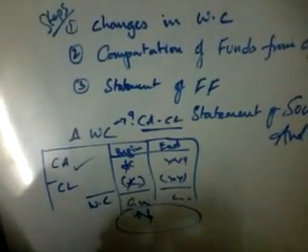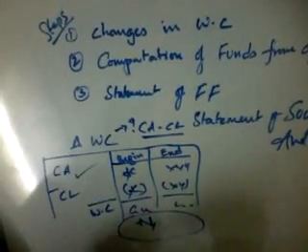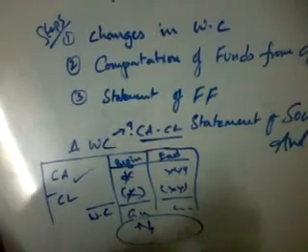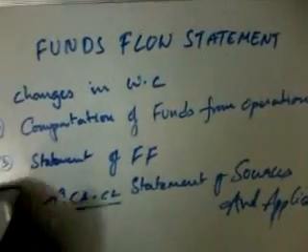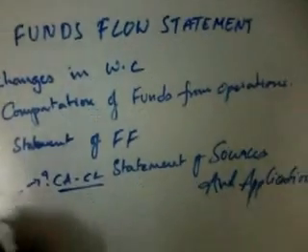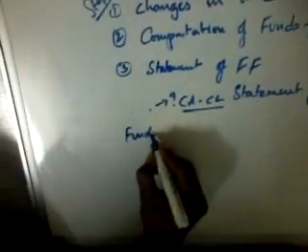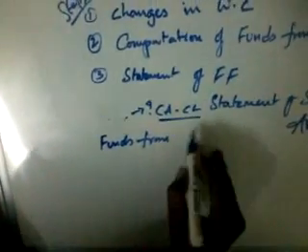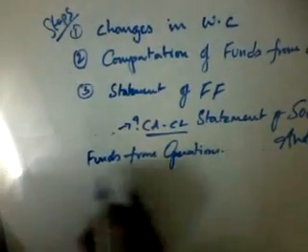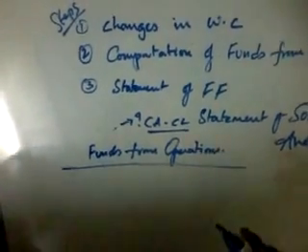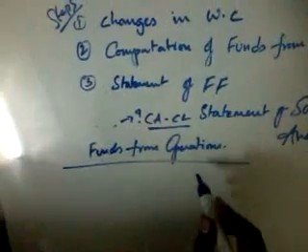But now I'm just coming to the funds flow, the statement of funds from operations. Step 2, which is funds from operations. What does this statement consist of and how?